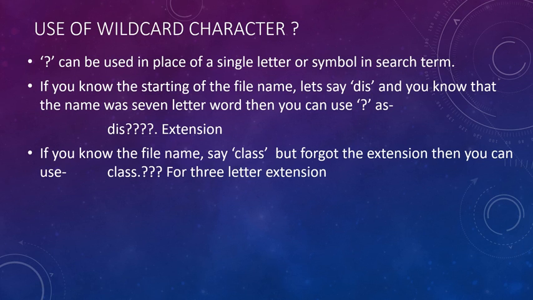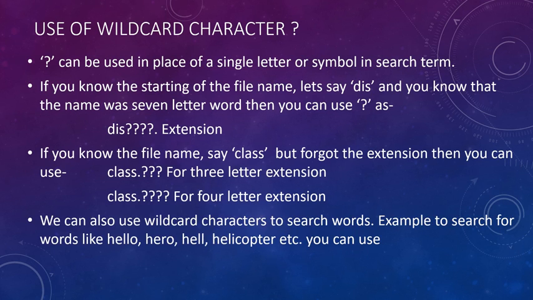You can write class dot 3 question marks if a 3-letter extension is there, and class dot 4 question marks for a 4-letter extension. Some computers support 3-letter extensions and some support 4-letter extensions. So if 3-letter extensions are there, you have to put 3 question marks, and if 4-letter extensions are there, you have to put 4 question marks.